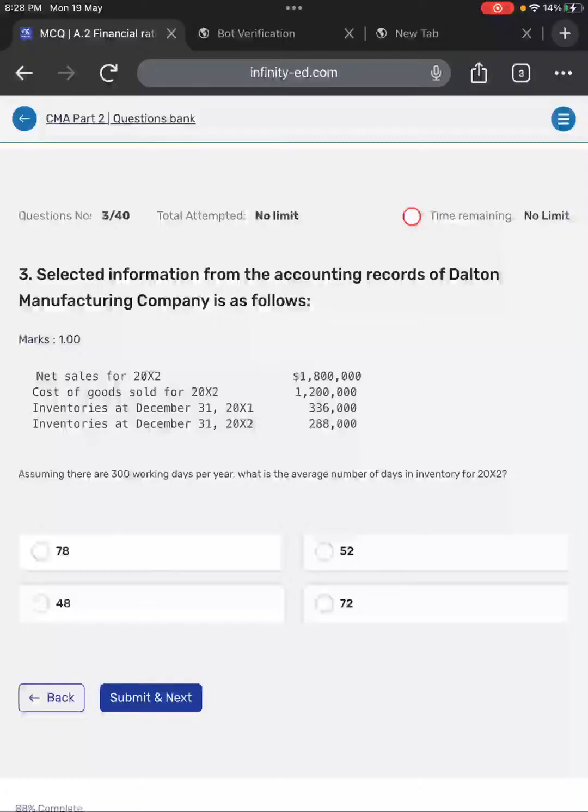Opening 3,36,000 and closing 2,88,000, its average comes to 3,12,000. Cost of goods sold 12 lakh divided by 3,12,000 comes to 3.84.